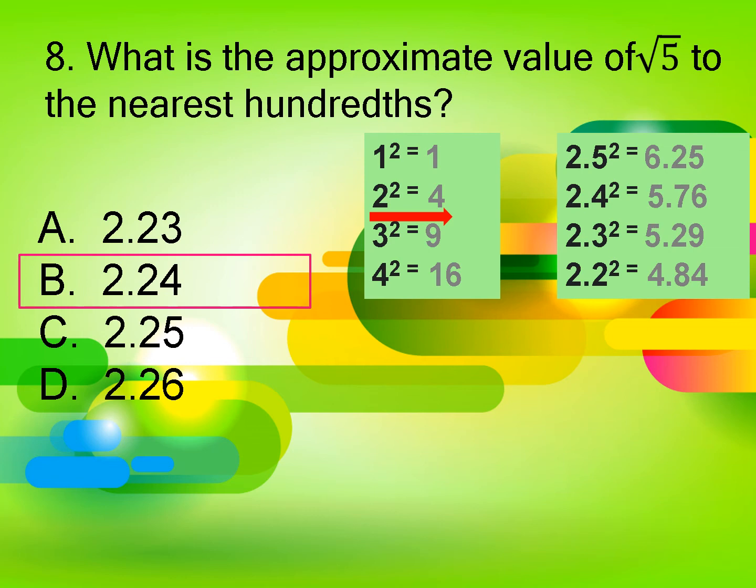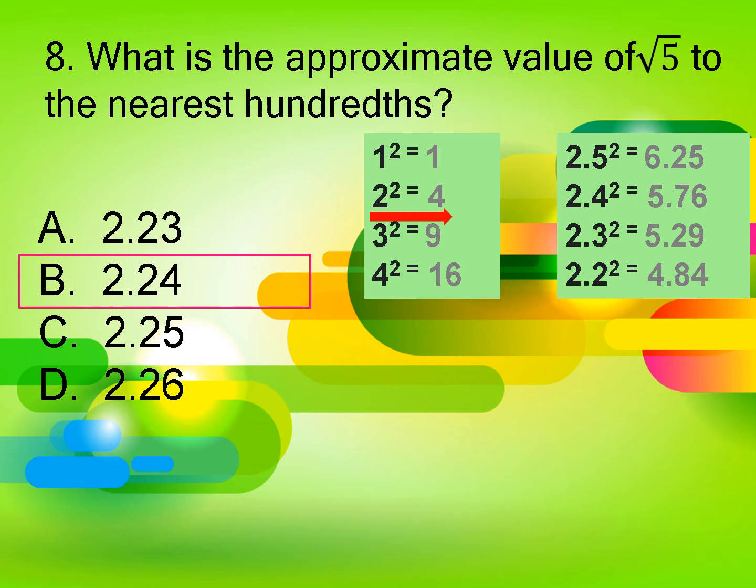However, if the result is lesser than 5, then we will go to a higher number, so meaning we'll have 2.6 or more. So in this case, we'll have 2.5. 2.5 squared means 2.5 times 2.5. If you multiply 2.5 by itself, the answer is 6.25.